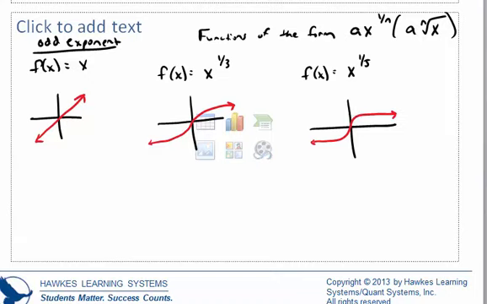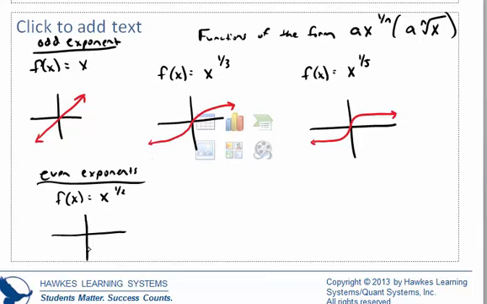For your even exponents, the first one of those would be having a 2. So it would be f of x is equal to x to the 1/2. And so that graph ends up looking like this.